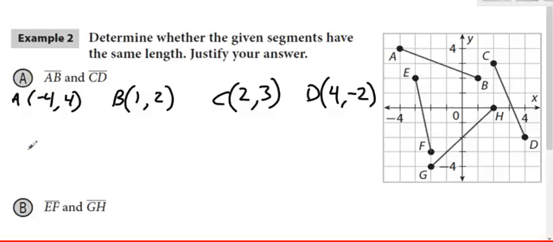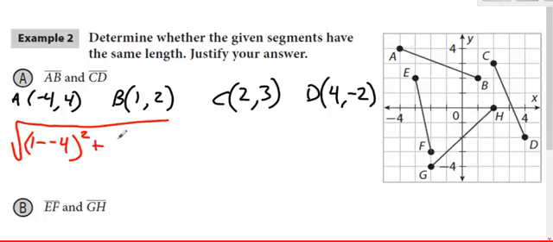So when you're doing the distance formula, it's a big square root. You do x minus x, x2 minus x1. So that's 1 minus -4, and you square it. And that's y2 minus y1, so that's 2 minus 4 squared.